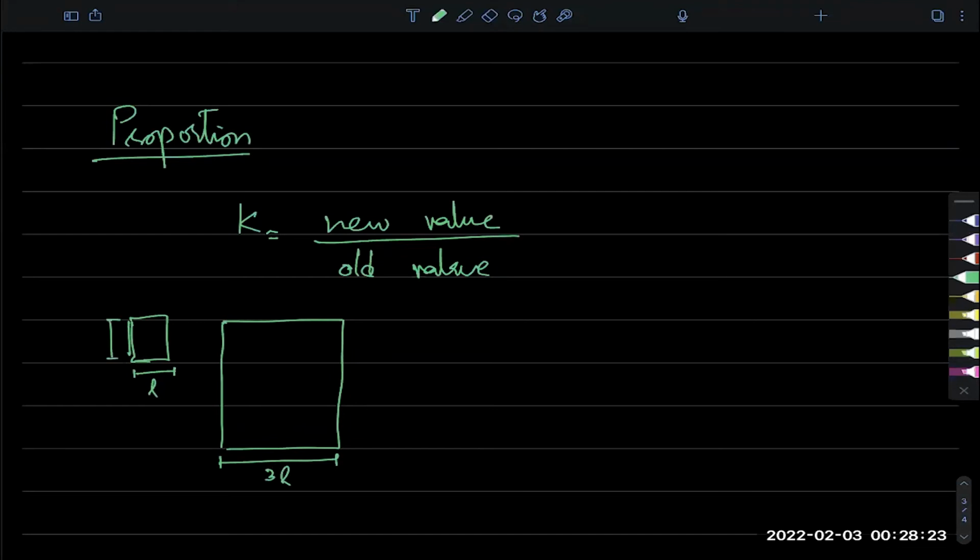And if that length was J, this will be 3 times J. But the point is that the factor is still the same. It is in proportion to each other. Now, it doesn't have to be 3, because 3 simply means in percentages, what does 3 mean? 3%, no? No. 3 times this in percentages would mean 300%.